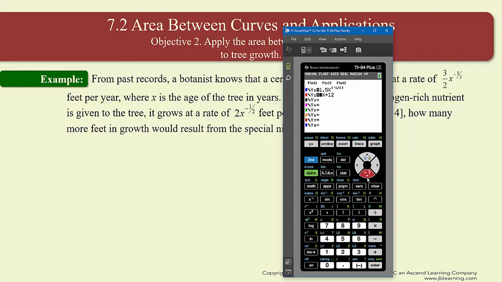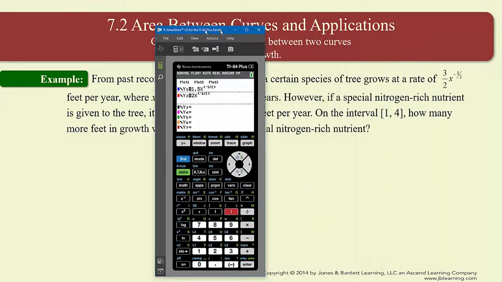And then in y2, I'm going to put the function that models the special nitrogen-rich nutrient, and that's 2x to the negative 1/2. And let's see, my viewing window.